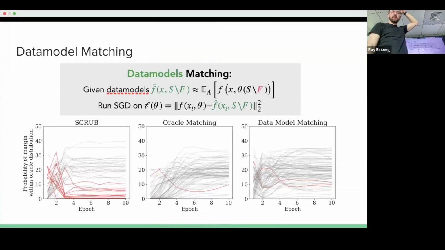Here you are doing SGD on theta, on the logit vector, a vector of size class. I guess the question is whether the data model itself is a model, the language model itself, or is it something like a linear regression model?